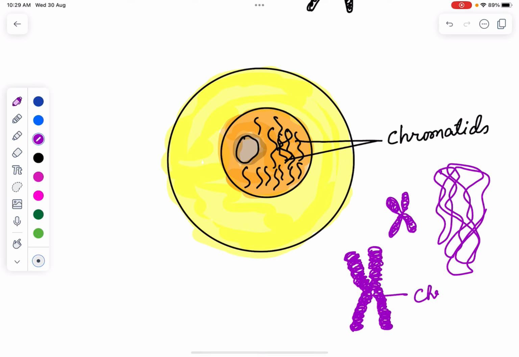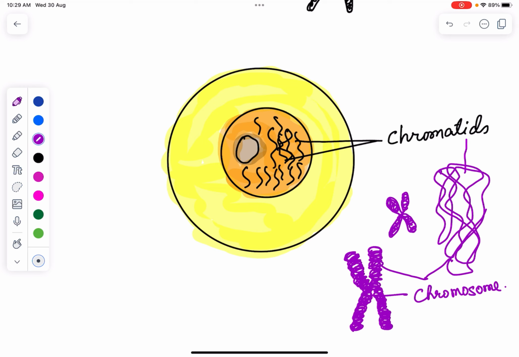This is a chromosome. So you may ask, what are chromosomes? We can say that both chromatids and chromosomes are the same, but the name is different for the different structure.